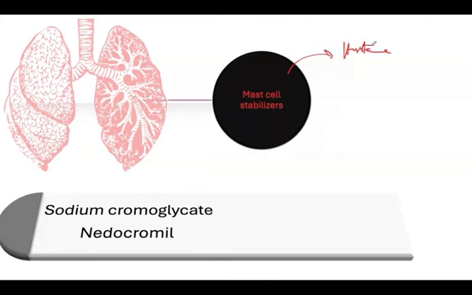Someone would have thought that, okay, since histamine contributes to the inflammatory response and the constriction, that is how these drugs work, but we are not too sure how they work because we know that there are other mast cell stabilizers working better than these ones, but do not have any role in asthma. So there are other mechanisms that we are not so sure of, but at least we know that these drugs work in people that have asthma in helping with the inflammatory situation.